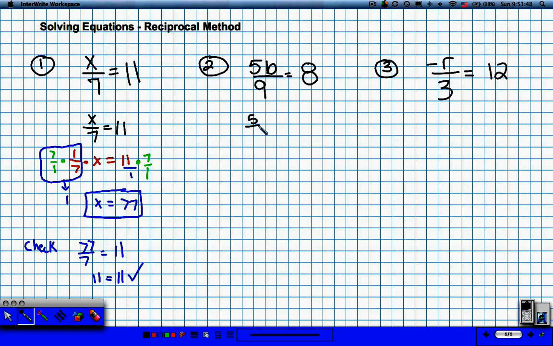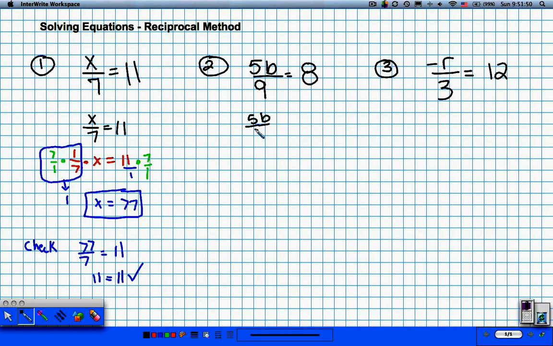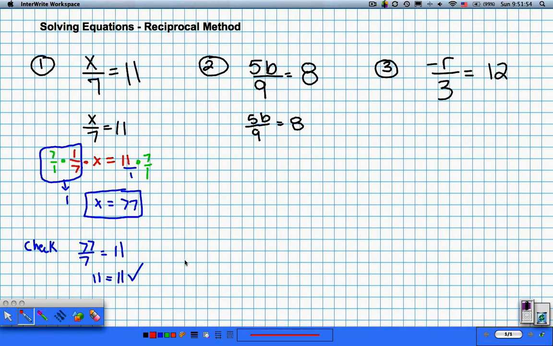So as before, I'm going to go ahead and rewrite my problem. My coefficient here is 5/9. So I'm just going to multiply by the reciprocal of 5/9, which is of course 9 over 5. I do that to both sides. Now right here, when I multiply these, this is where I get 1.